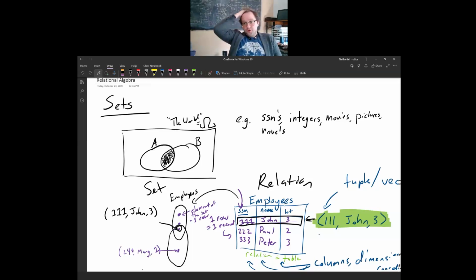So today we're going to continue talking about relational algebra, in particular making queries with relational algebra. Now here, a query just means a sequence of operations on relations that result in one relation.